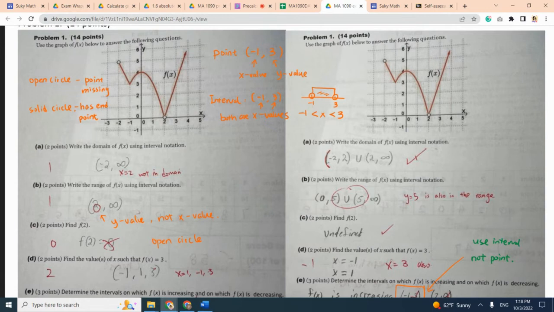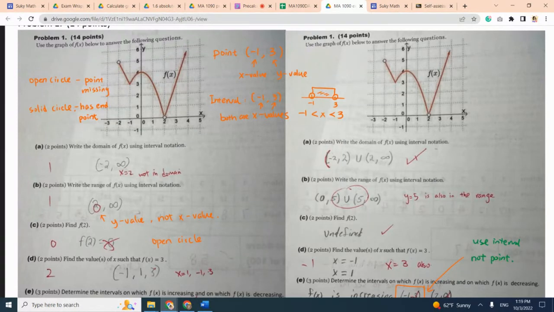That's why for the x values, the domain, you project down on the x-axis. That's why we have -2 to 2. This point is missing, so 2 is not in the domain. So this is correct. The range is the y value, so you project onto the y-axis.